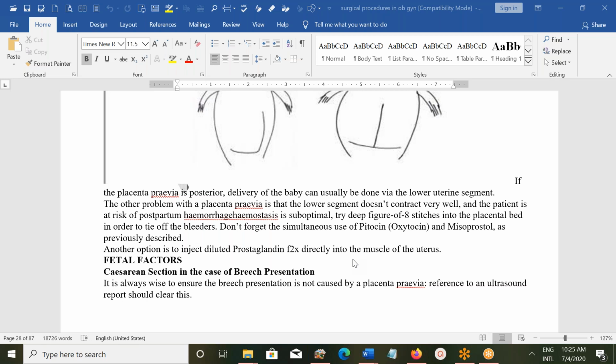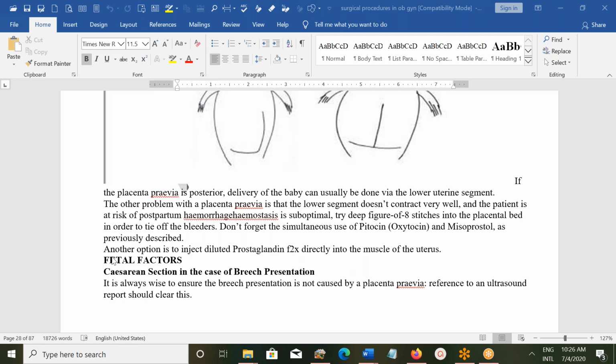We can give carboprost, and a contraindication will be if your patient is asthmatic. Carboprost is given in 250 micrograms doses, and you can give up to 8 doses. That is the way.